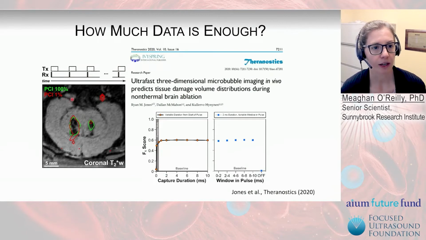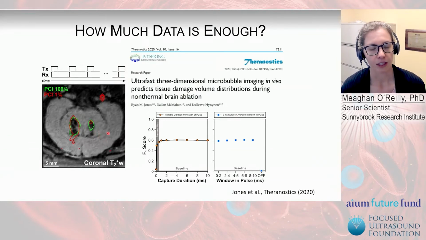Whereas if we can actually capture all of the cavitation emitted by capturing at least the length of the transmitted burst, now suddenly we are much better able to represent the therapeutic effect.